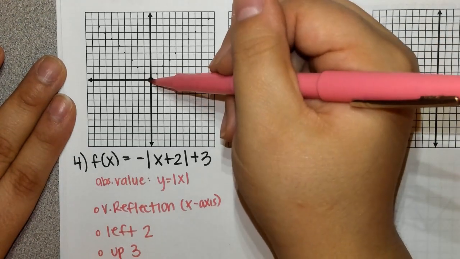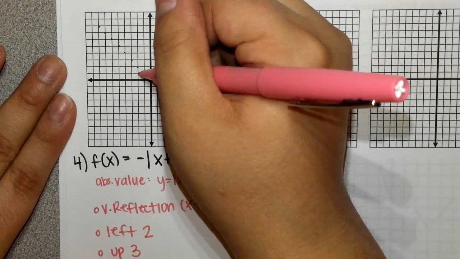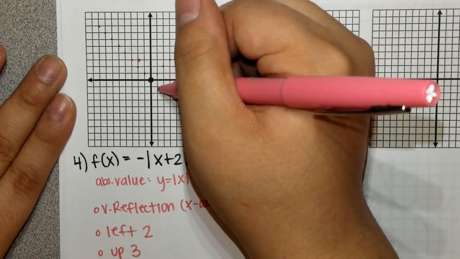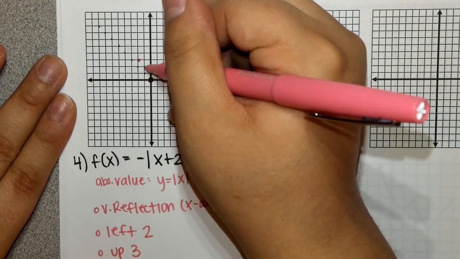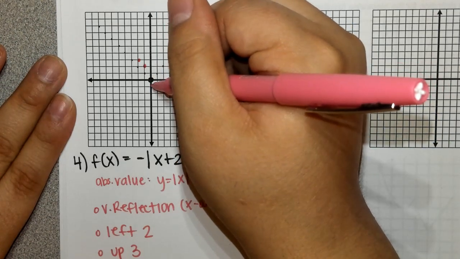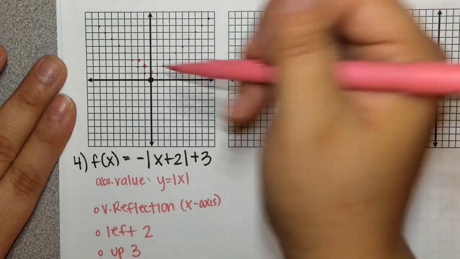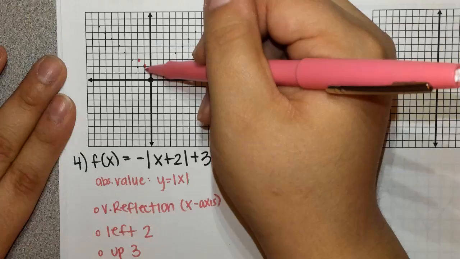So I'm going to take each point reflected over the x-axis and then go left 2, up 3. And then you're going to notice it's just what? What's my slope here?